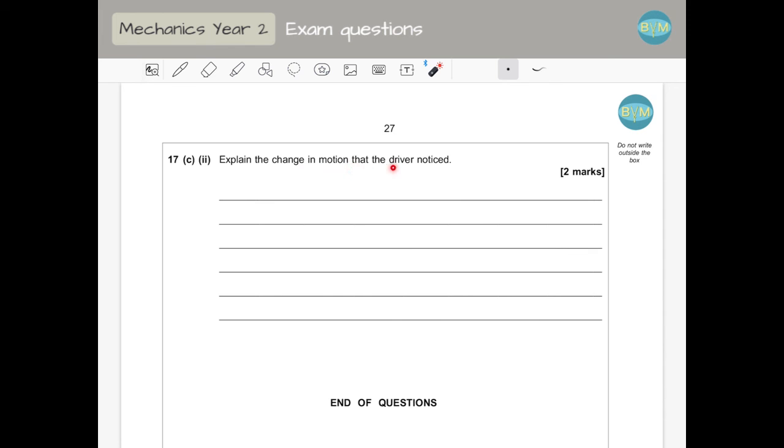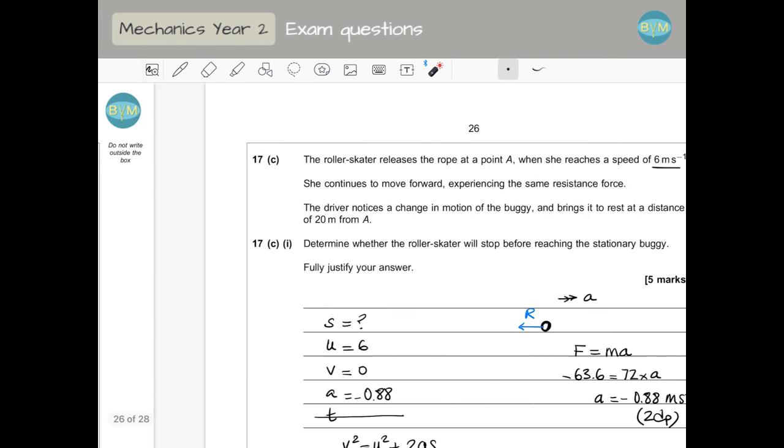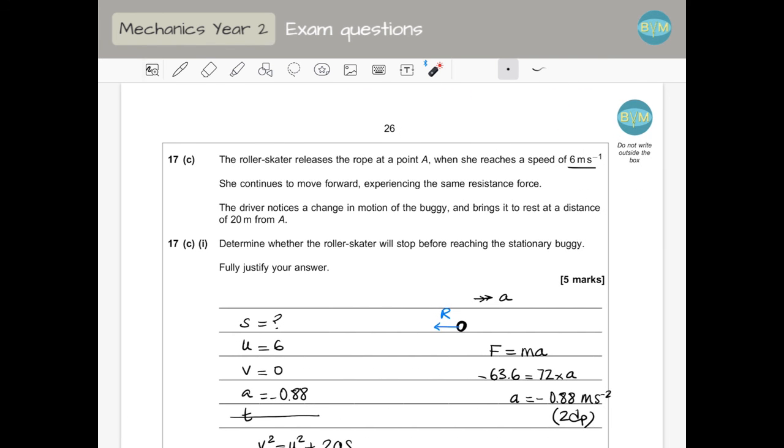Explain the change in motion that the driver noticed. So you read here, the driver noticed, so when the roller skater released the rope, the driver noticed a change in motion of the buggy, and then it brings it to rest. This change in motion is because the skater released the rope.